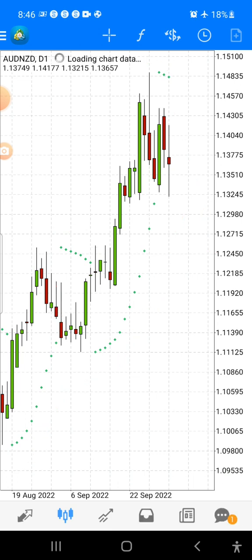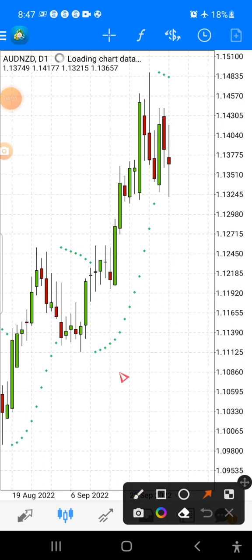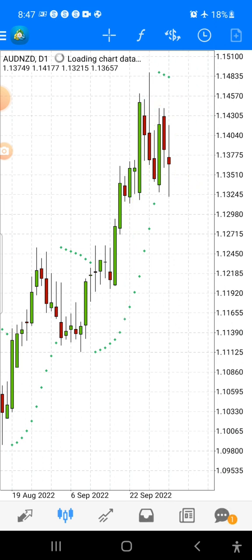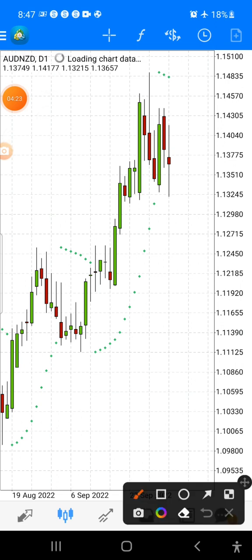Like you were buying here, now there are three Parabolic SAR dots above these candlesticks. Okay, it is above them. So a wise trader will say, okay, now the market might want to reverse on me, so take the profit I have made over however many hours or days.